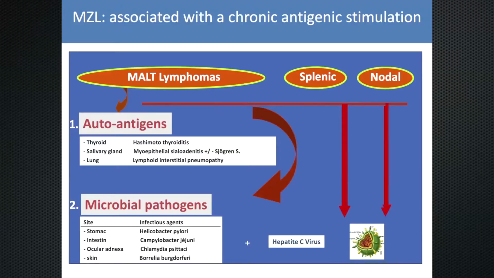Again, a very interesting disease which arises in organs where normally there is no lymphoid tissue, but where the lymphoid tissue is acquired either through an autoimmune disease or through a chronic infection. And this is a subtype which results from a chronic antigenic stimulation.